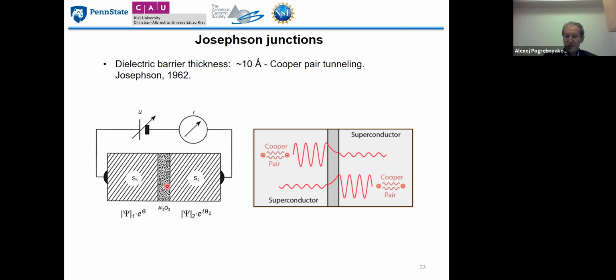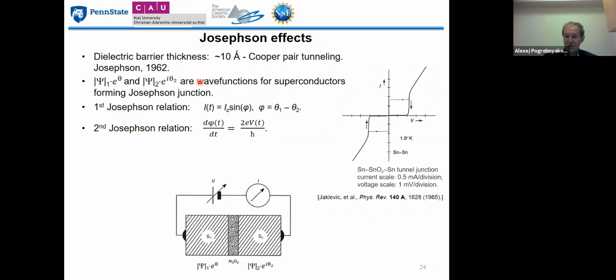If we decrease the barrier thickness to 10 angstroms, we would have Cooper pairs tunneling. That was predicted theoretically by Josephson in 1962. And there are 2 types of Josephson effects that occur in this type of junctions: the constant current Josephson effect and the alternating current Josephson effect.